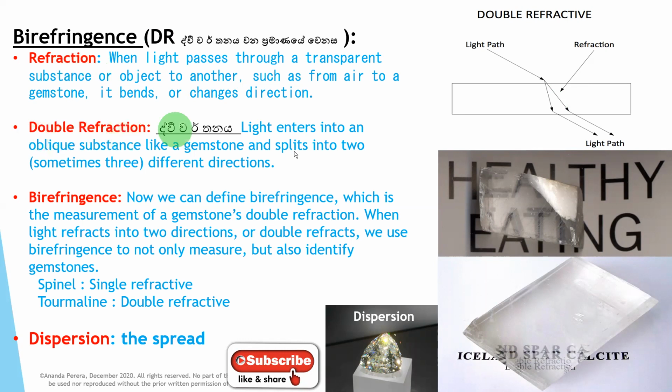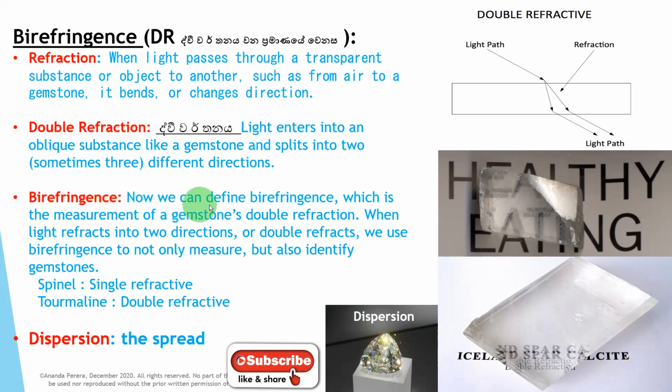Double refraction means light enters into an anisotropic substance like a gemstone and splits into two, sometimes three. Two or three, we call DR, double refraction, in different directions. That is double refraction.